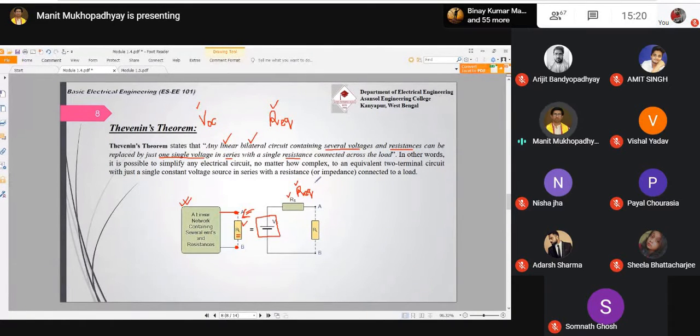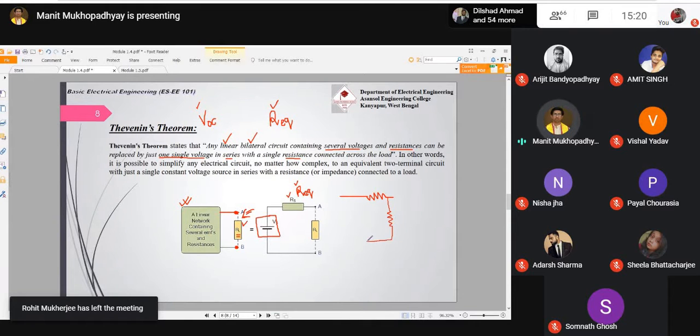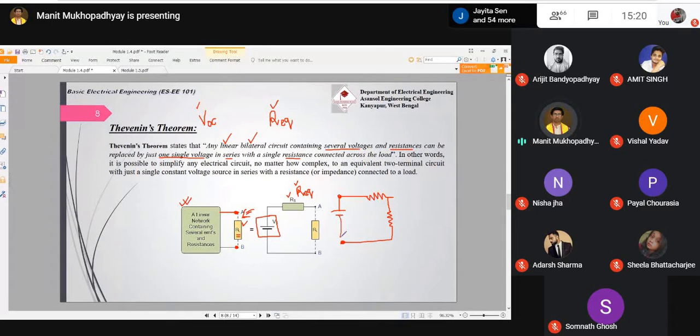Now, let's take one example. Suppose I am configuring one simple circuit, which I am drawing here. If you cannot understand after this explanation, then you may raise your question. This is your voltage, this is your R1, and this is your R2.